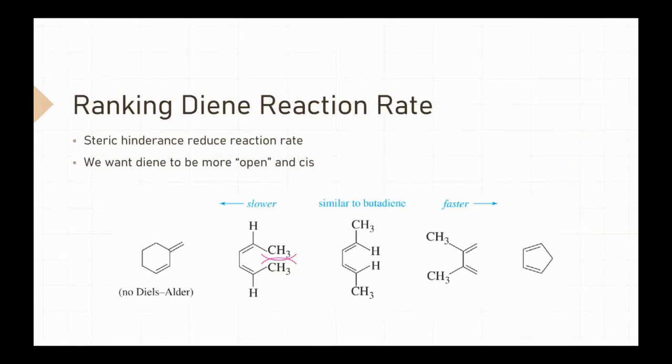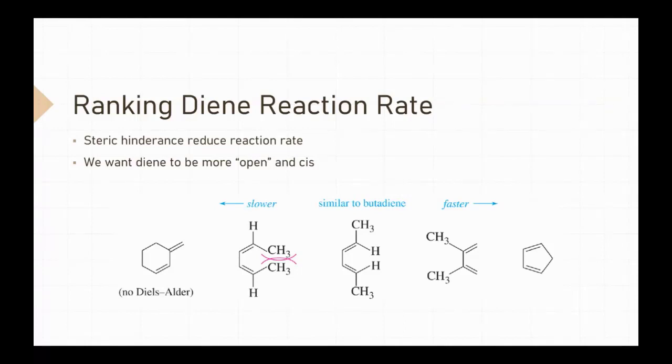All right, so if you were to rank these, remember we have to consider steric hindrance, and we want it to be open. Going from the left, this diene cannot be on the same side, they cannot be cis, because this ring is keeping it from rotating. So here there will be no reaction.